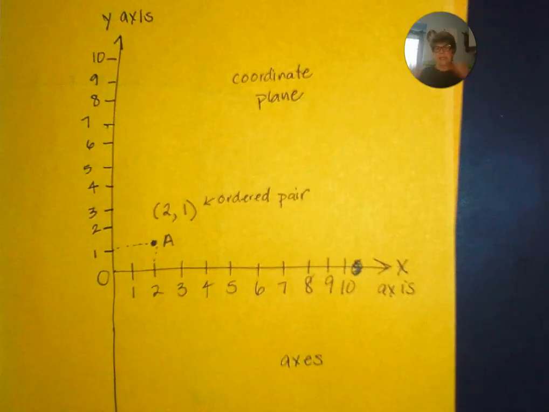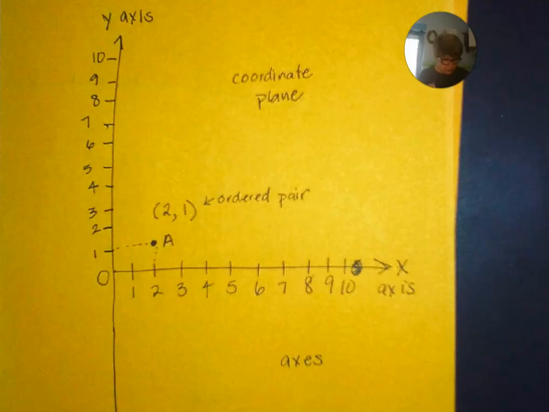I like to teach my kids x, y, x, y. We just do a little dance there, x and y, because it's very important to put them in the right order. If you put them in the wrong order, you're going to have your point in the wrong place. Yikes.